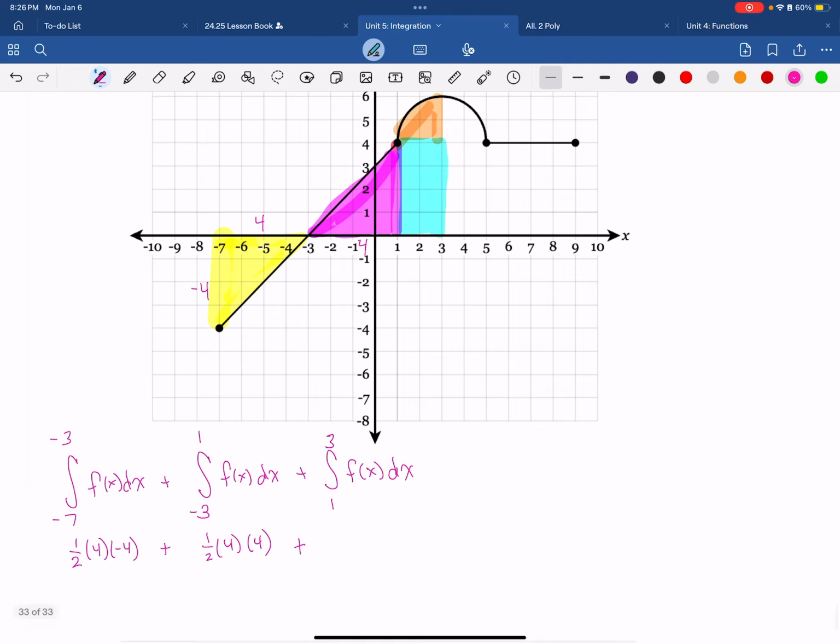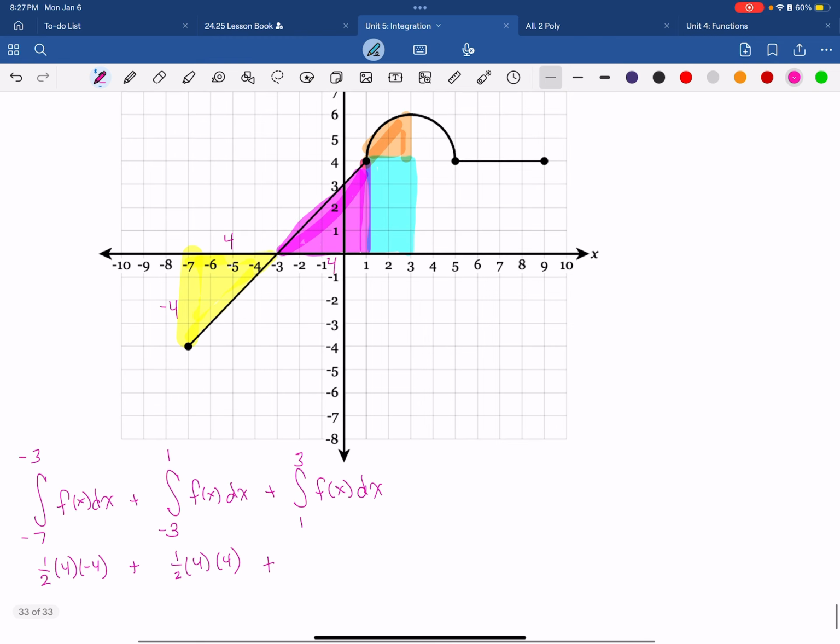Plus, our last region, we have a rectangle here that's a width of 2 and a height of 4. So we have 2 times 4, plus we have 1/4 of a circle. So we have 1/4 pi r squared. Our radius of this circle is 2 units, so 2 squared.